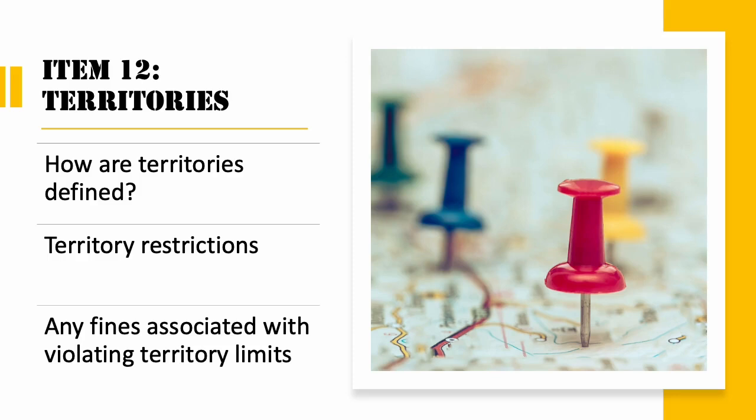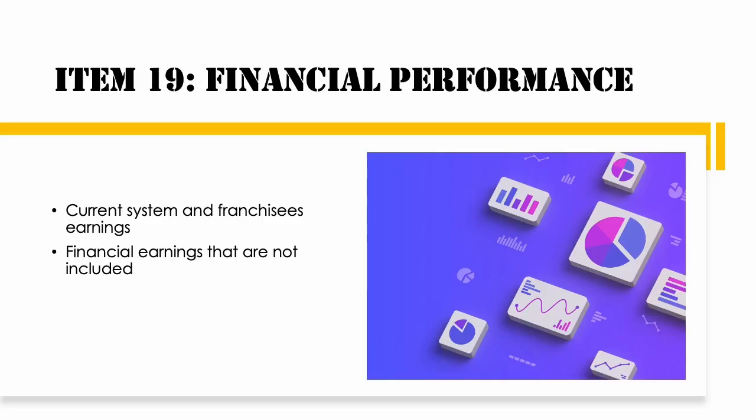Item 12 breaks out the territories, how they define territories, what your restrictions are within the territories, anything that you might get into trouble with as far as operating outside of the territory, all that stuff. And item 19 is the financial performance of the brand.